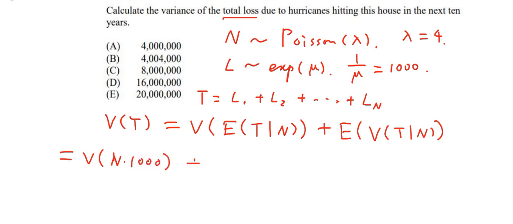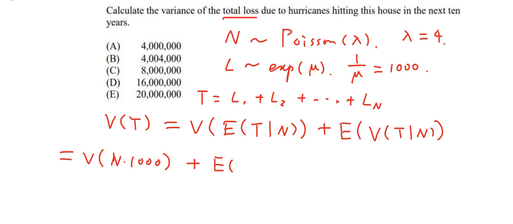So plus, let's see, Vt. If N is fixed, Vt, so if N is constant, Vt is the values for L1 plus L2 plus Ln.